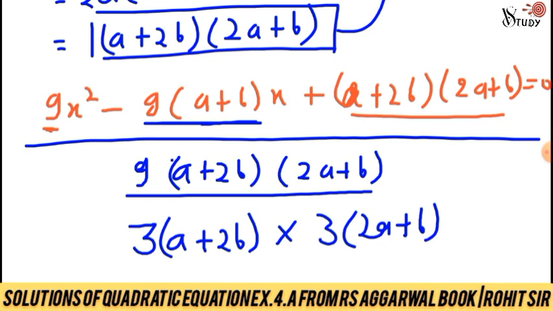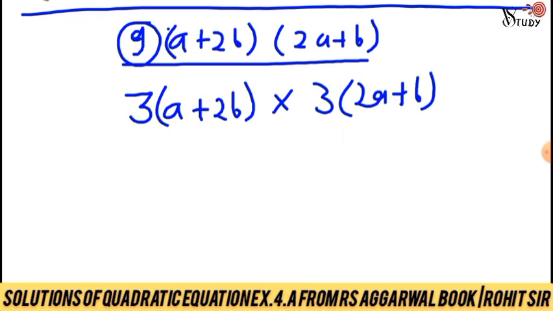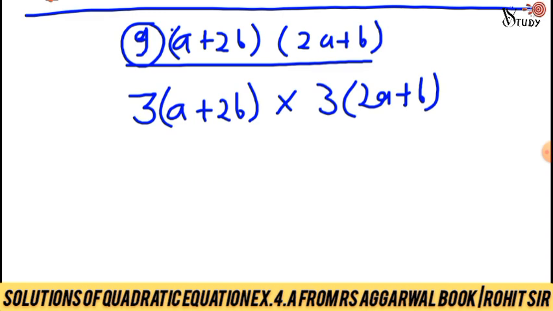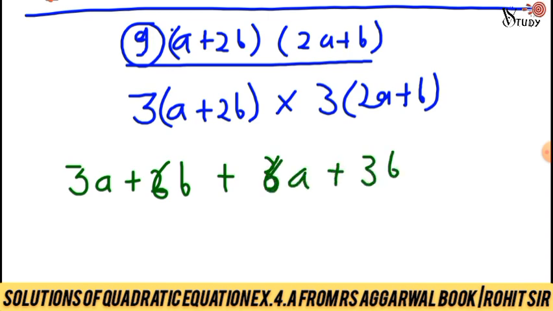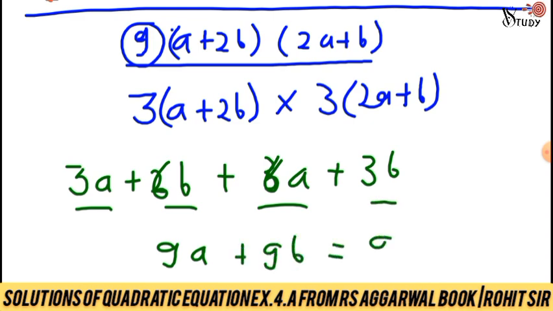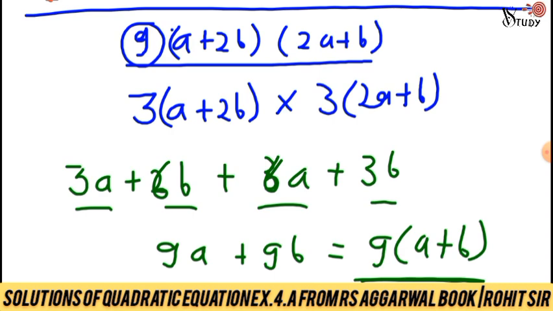I just factorize this here. Now let's try to find the sum of these two factors. The sum of these two factors is 3a plus 6b plus 6a plus 3b. Now add this, we have 9a. Now add this, we have 9b. If I take 9 as common, then we have a plus b. So in place of 9 into a plus b, we can write this and this. Understand? I hope you understand this basic strategy very well. I try to teach each and every question with a very basic concept.